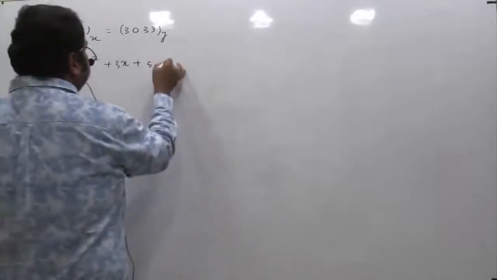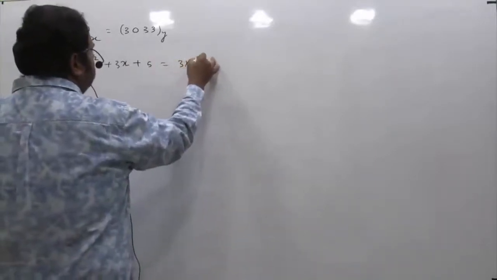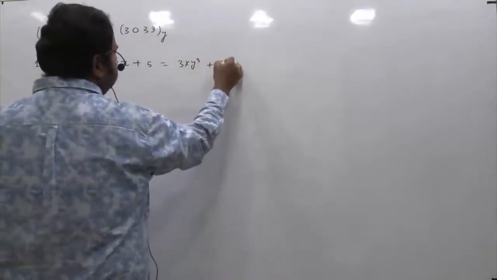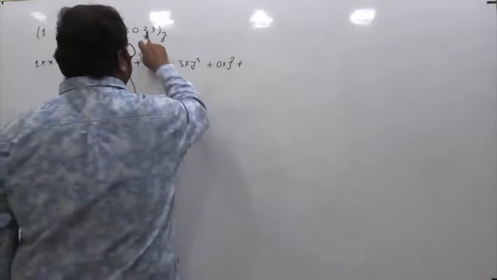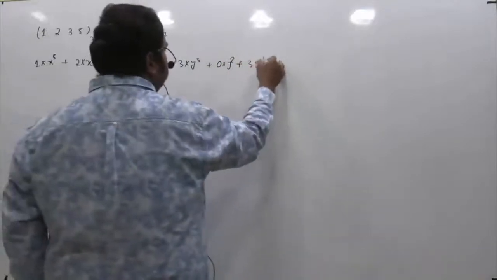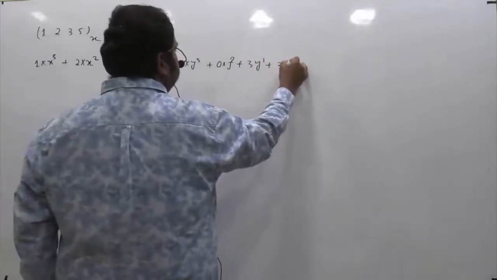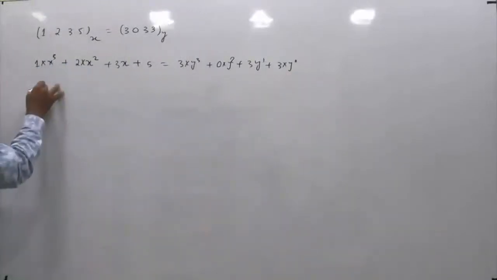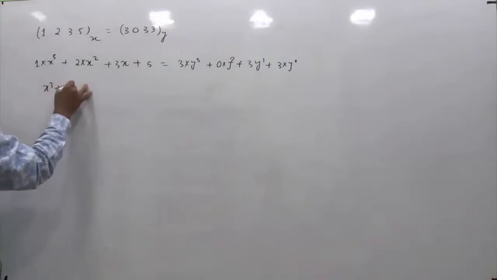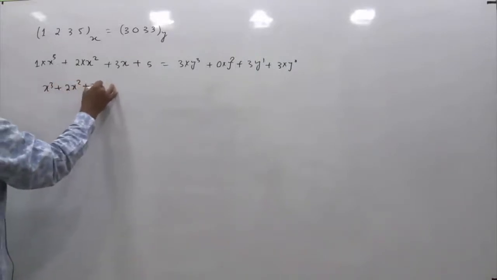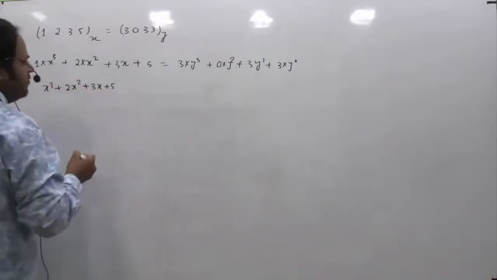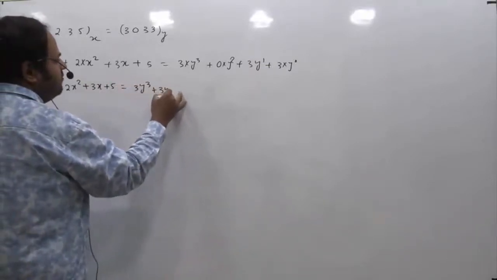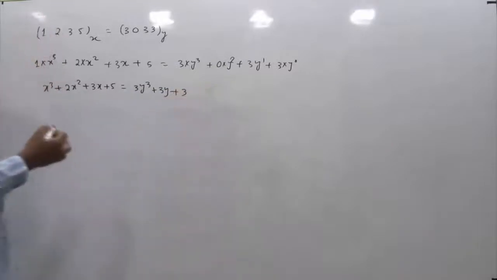And this should be equivalent to 3 into y cube, y power 0, 1, 2, 3, plus 0 into y square. Again we have 3 into y power 1, and again we have 3 into y power 0. So if you simplify this, x cube plus 2x square plus 3x plus 5 is equal to 3y cube plus 3y plus 3.